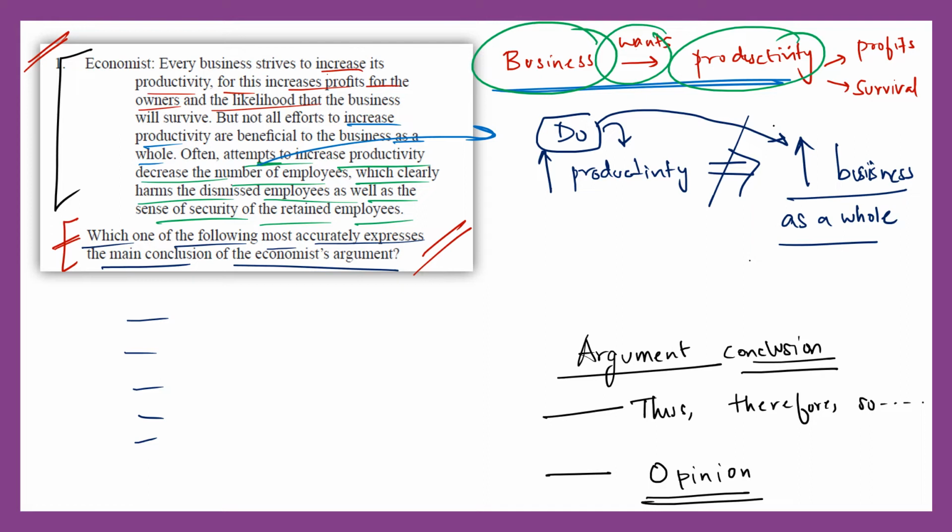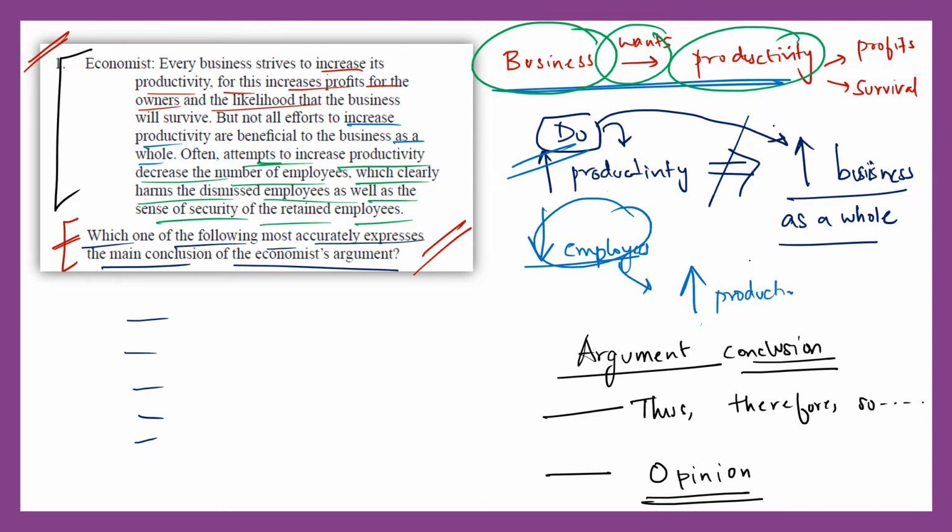So let's look at this attempt here. Let us say for the sake of productivity, you reduce the number of employees. Okay, this is what you've done. Now, this increases productivity, but it does not help the business as a whole.